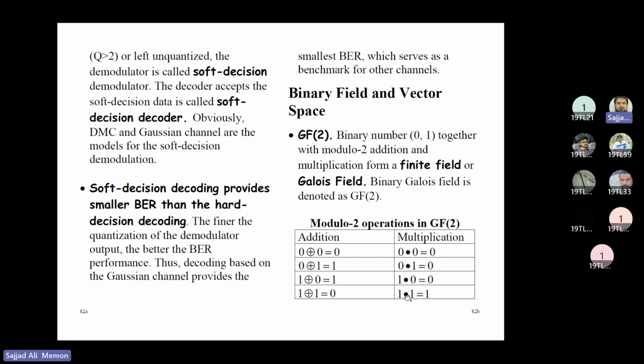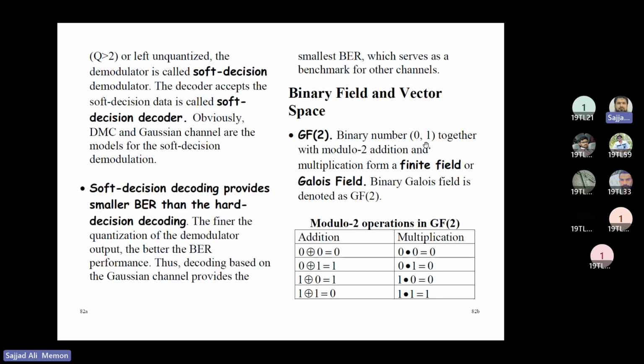Only when both inputs are high do we have 1 as the output. Otherwise, the output will be 0 in case of modulo 2 multiplication.